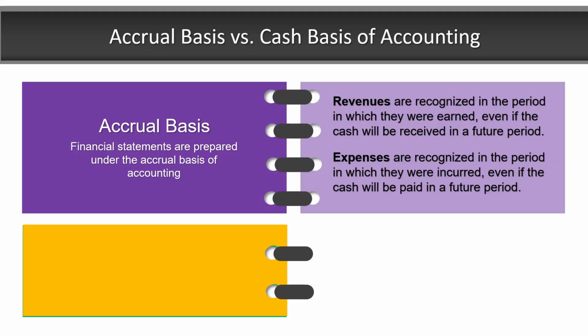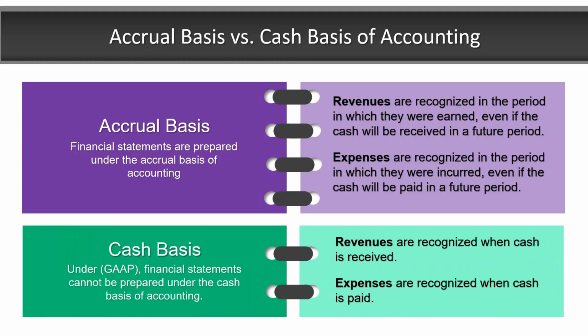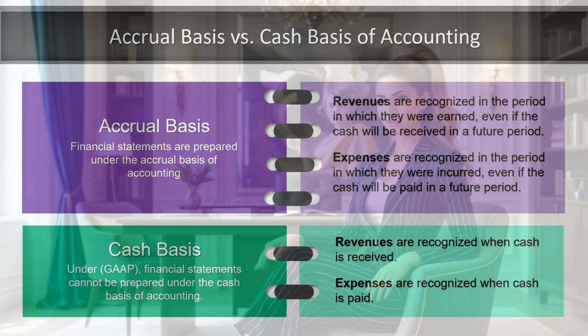This method matches revenues with their related expenses, providing a more accurate picture of the financial health. On the other hand, cash basis accounting records revenues only when cash is received and expenses are recorded only when cash is paid. This approach can misrepresent a company's financial position by ignoring receivables and payables.